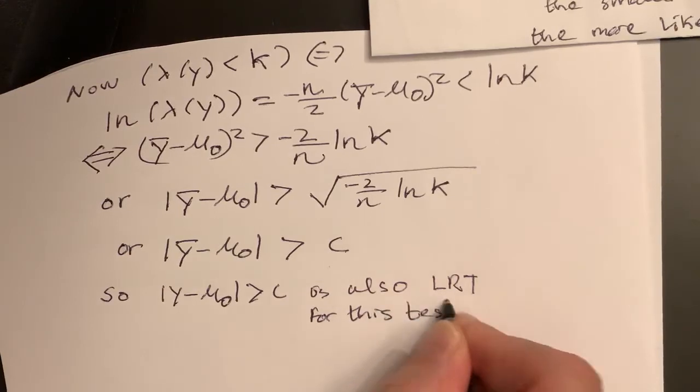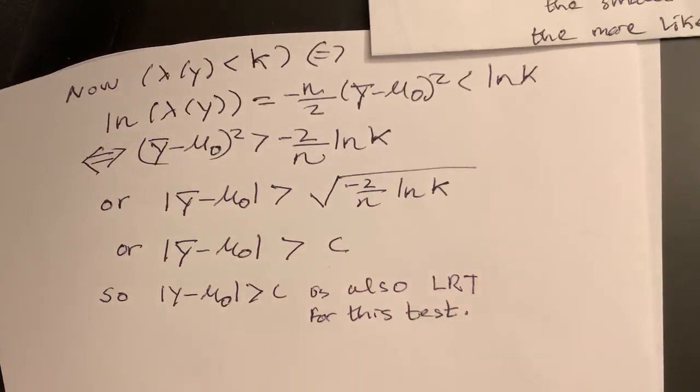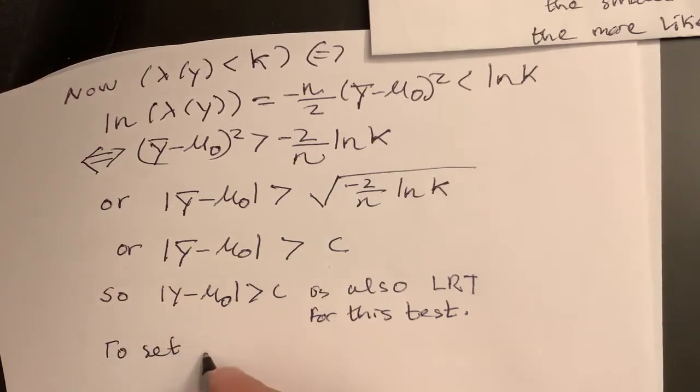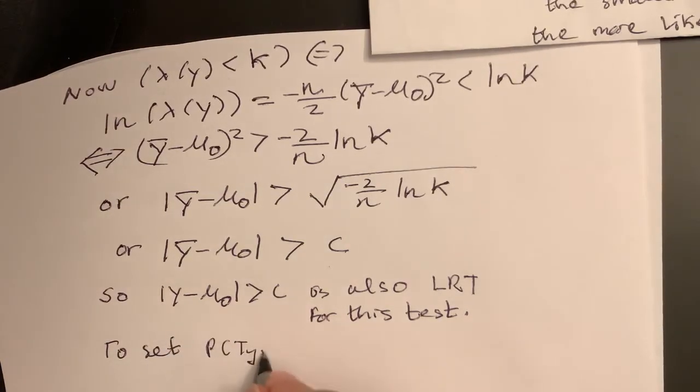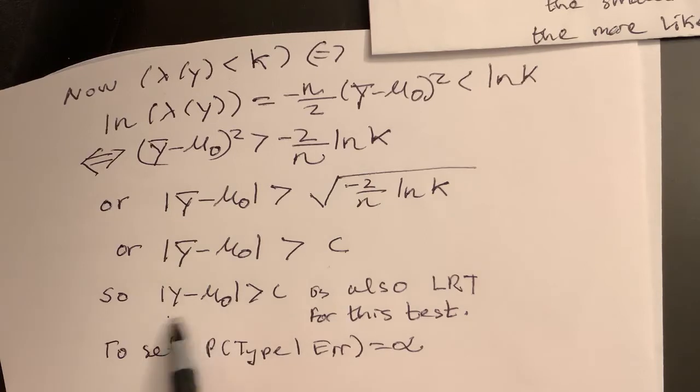Hope that doesn't confuse you, the word also. It is the same test, it's just a simpler way to write it. So if we want to set the probability of type 1 error equal to alpha, how is y bar distributed?